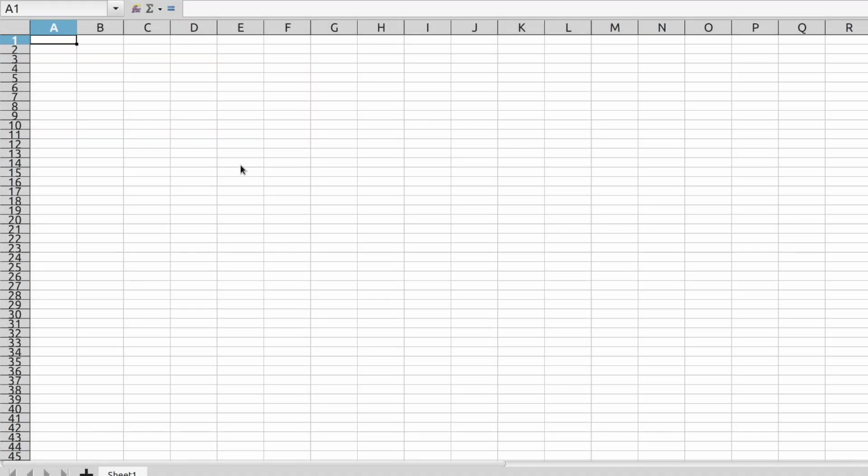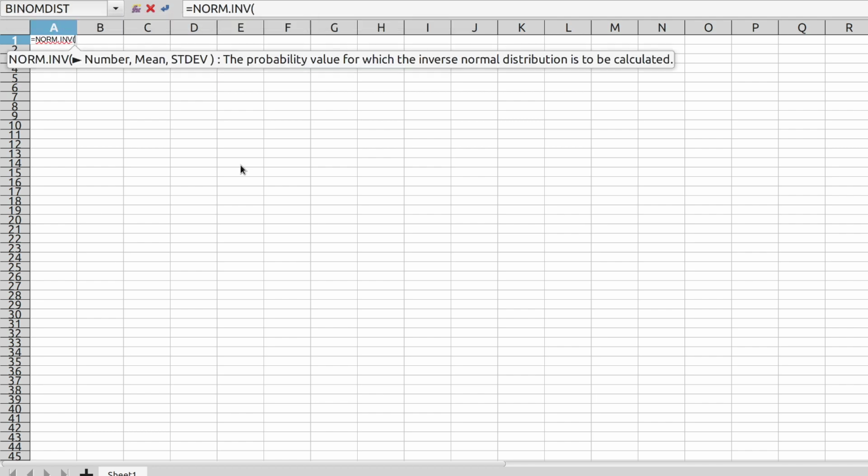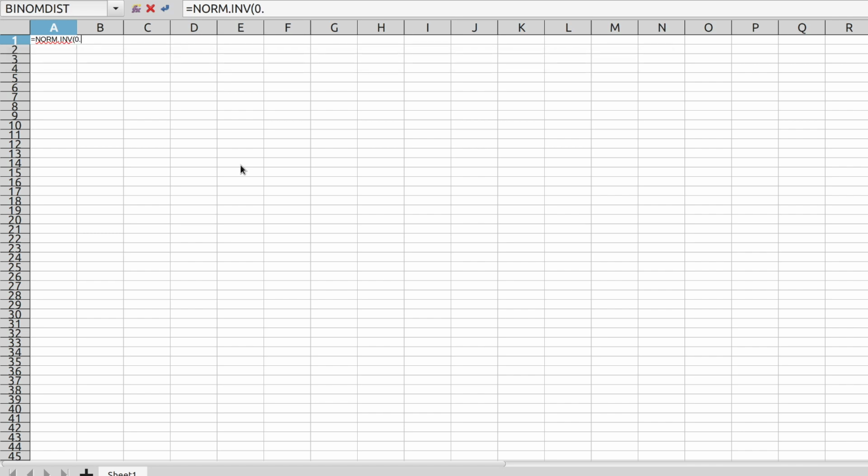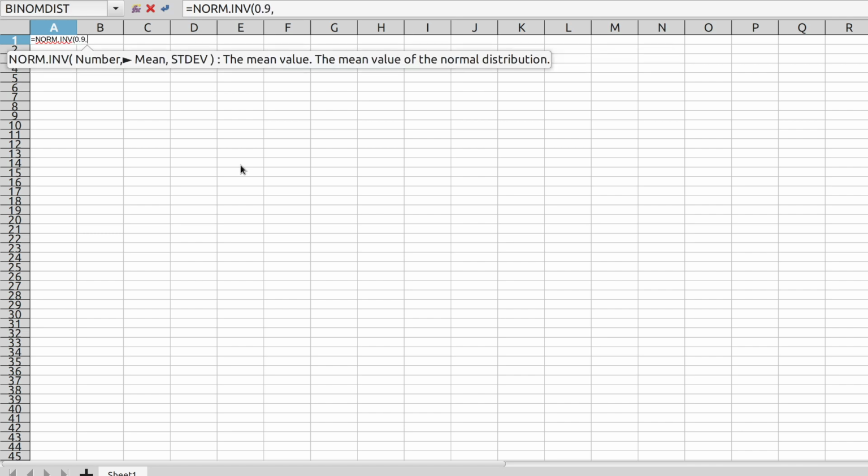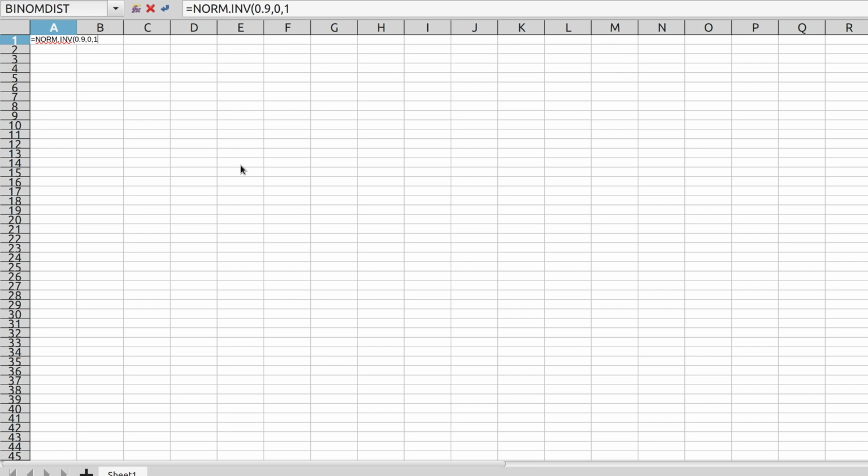Alright, so I want to find norm inverse of 0.9 for a standard normal, and that gives me that the z-score is 1.2815, and so on.